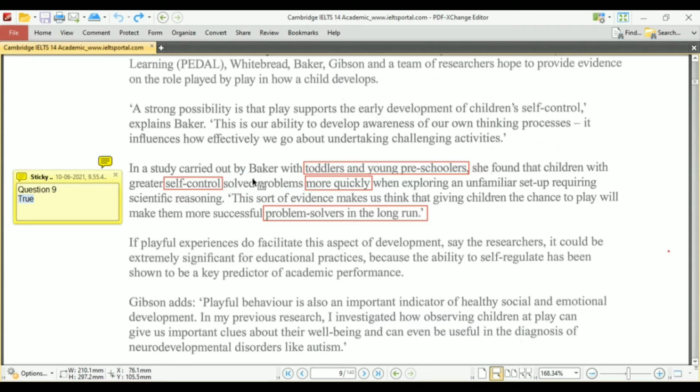Okay, so here I have added not, which means exactly against the thing. In the question it was they will solve problems more quickly, but here I'm adding not, and because of that not, this paragraph is becoming against the statement which was given, to be considered as true, false, or not given. Okay, I hope you are getting it.